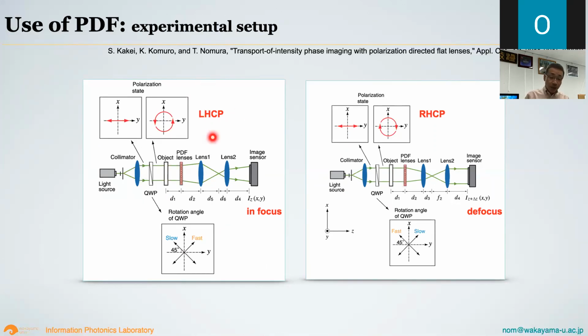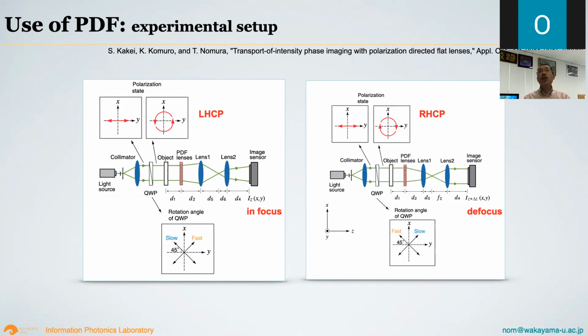If we use left-hand circular polarization, the PDF lens has a negative focal length, so the optical beam goes like this. The right-hand circular polarization optical beam goes through this line. So in this case, in focus, and in this case, defocus.